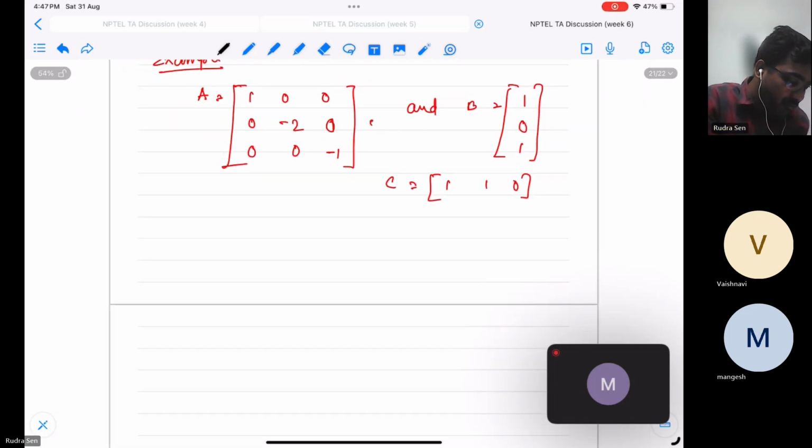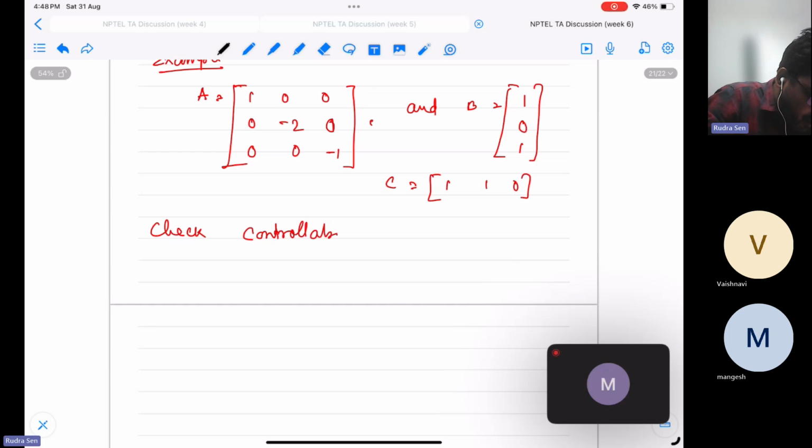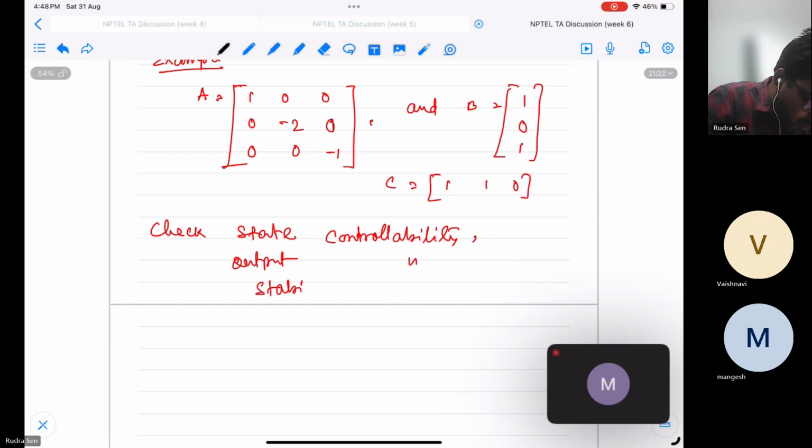Okay, first check state controllability, output controllability, and stabilizability.